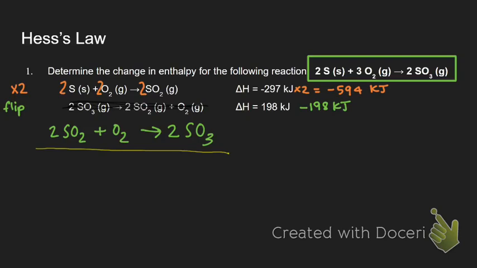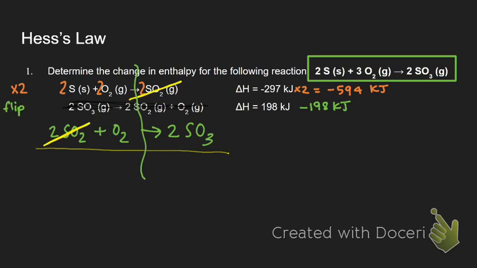So this SO2 will cancel out. Okay, and if I combine both step reactions, it should equal the overall equation. So I'm going to combine everything I see on the left and everything I see on the right.